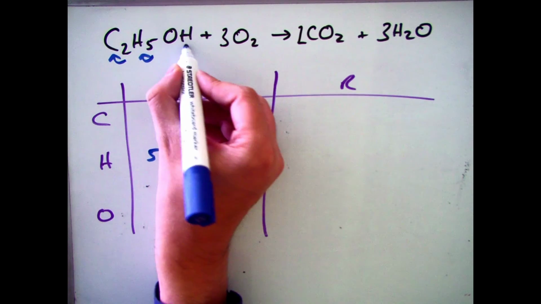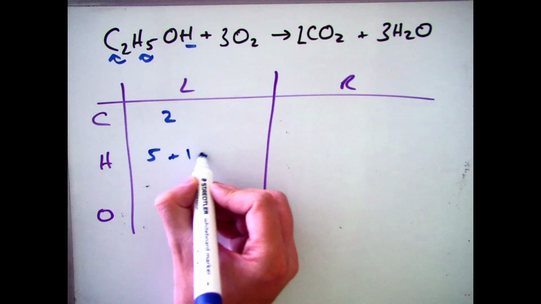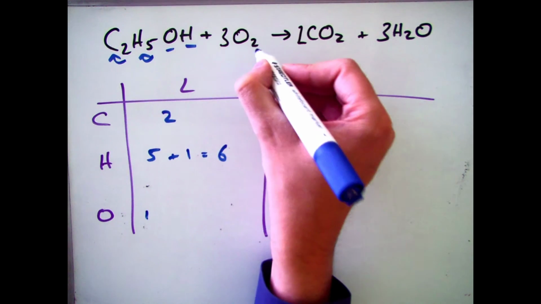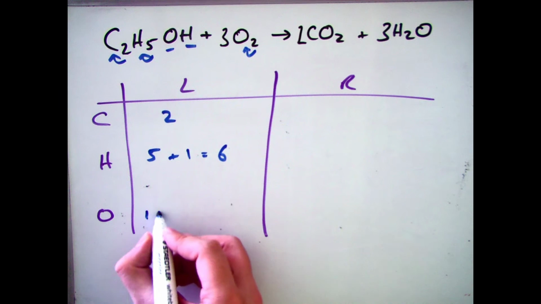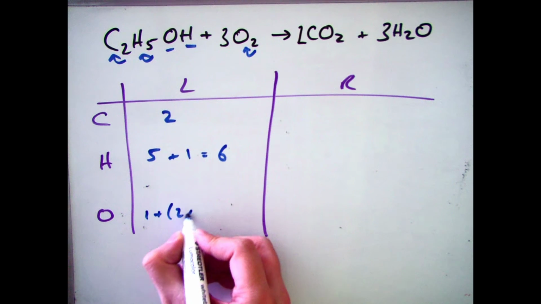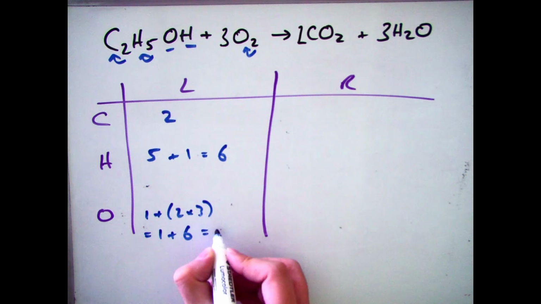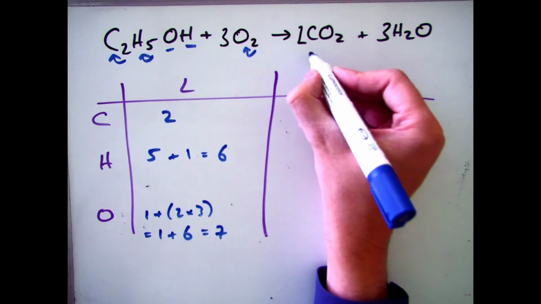So I have 2 carbons, I have 5 hydrogens plus 1, which gives me 6, and then oxygens I have 1, and then I've got 3 times 2 is 6, which gives me 7 in total. So 1 plus 6 equals 7.